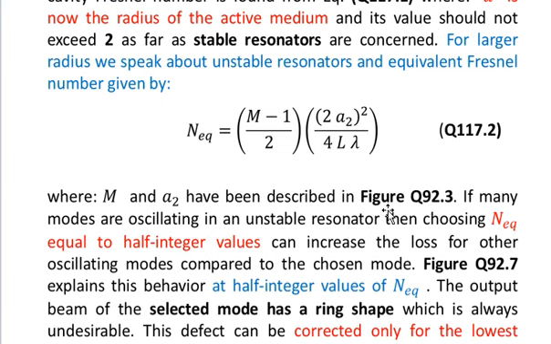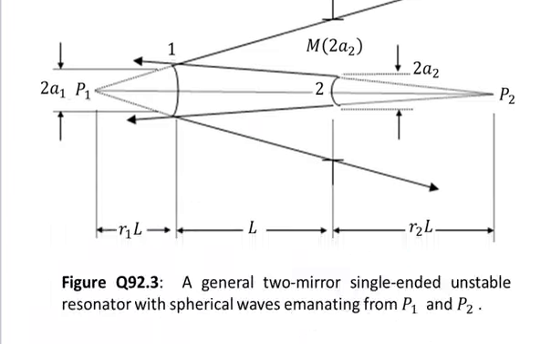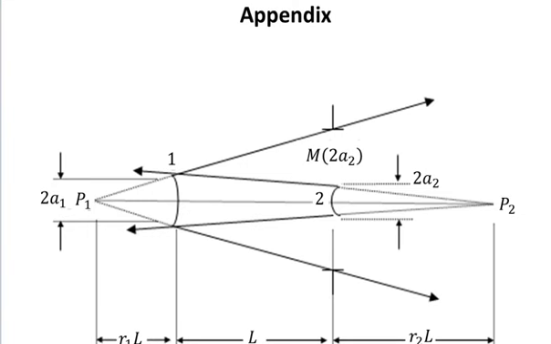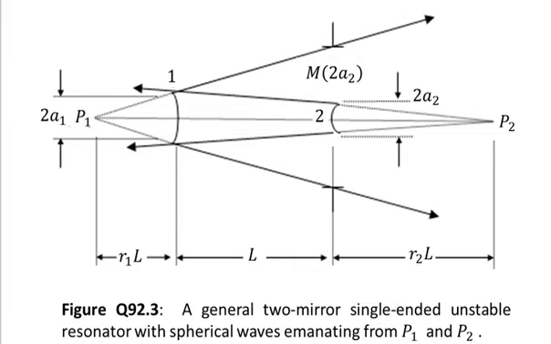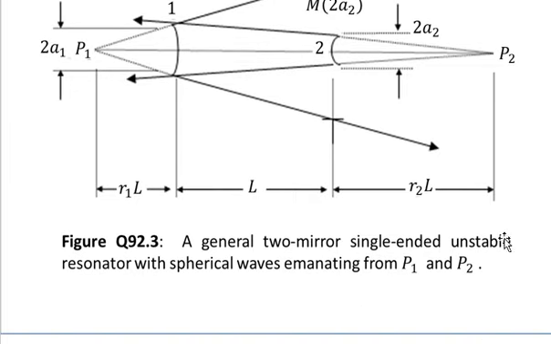So let me discuss that figure first of all, given in the appendix. This is the figure that has been referred to in the text. The caption of this figure is: a general two-mirror single-ended unstable resonator with spherical waves emanating from P1 and P2.